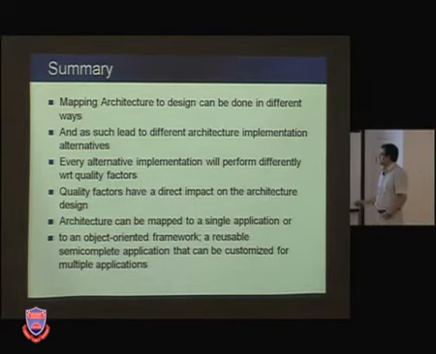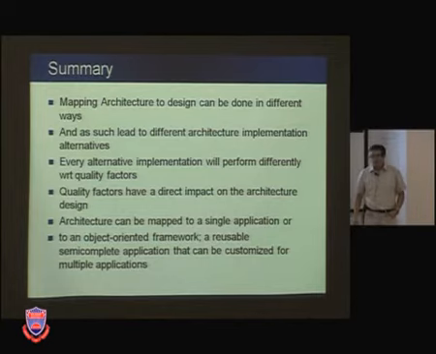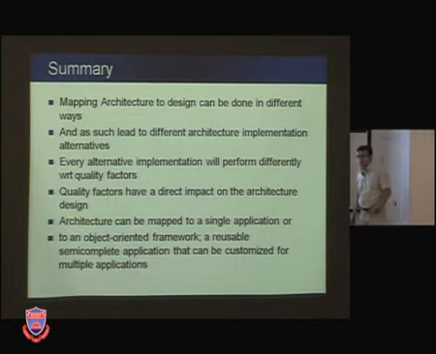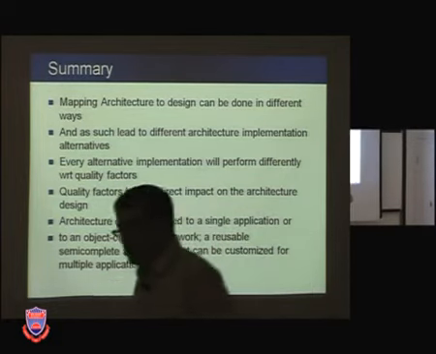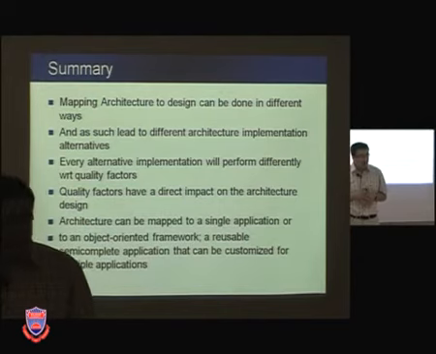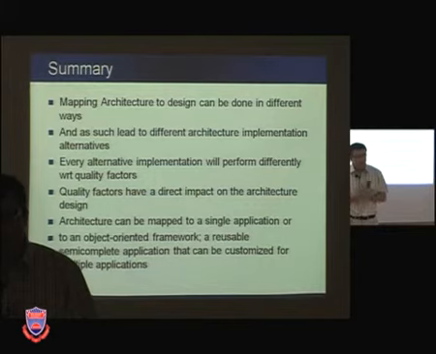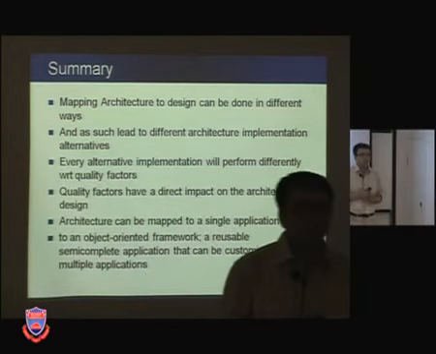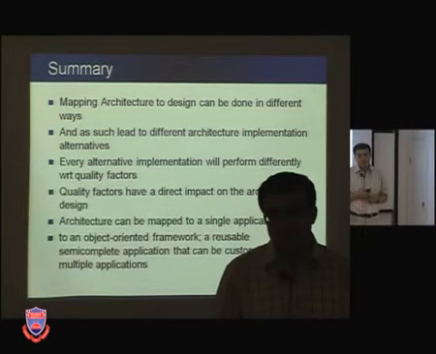Architecture can be mapped to a single complete application, or if you need to reuse, you can map to an object-oriented framework, a reusable semi-complete application that can be customized for multiple applications. And as such, the architecture is slowly growing to a product line architecture. But the product line engineering paradigm is broader than the concept of application frameworks.